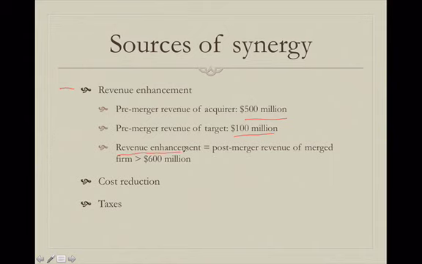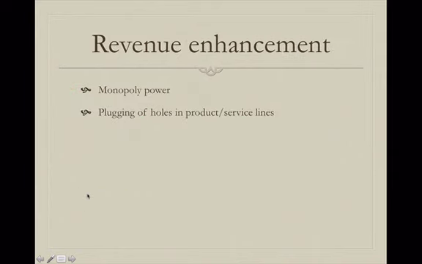For revenue enhancement to occur, the post-merger revenue of the merged firm must be greater than $600 million. Another potential source of synergy is reduction of costs, and finally, a merger can reduce taxes. In the following slides, I am going to pick each of these three sources of synergy and discuss them in greater detail one by one.